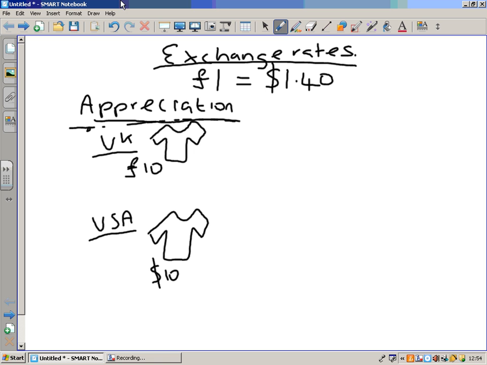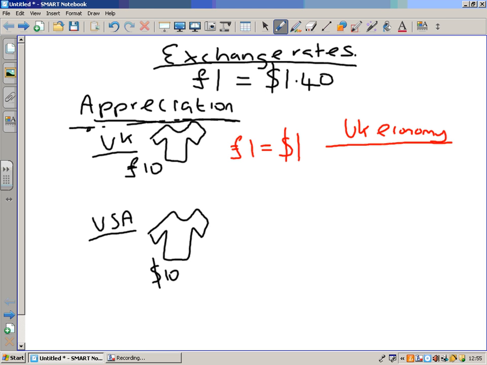What we want to know now is how will this impact on the UK economy? So if we had originally £1 equals $1. If we in Britain were to buy t-shirts from America, they will cost us £10. $10 equals £10. If an American person was to buy our t-shirts, import them into America from Britain, they will cost them $10 because £10 is worth $10.